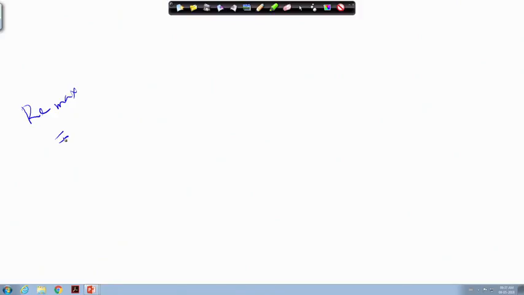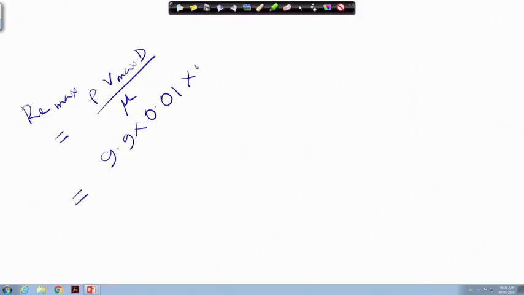Once we know the maximum velocity, we can calculate the Re max, that will be rho into V max into D divided by mu. This becomes 9.9 multiplied by 0.01 meter, the diameter, and 1.2045, the density of the air, divided by the viscosity 1.82 into 10 to the power minus 5.